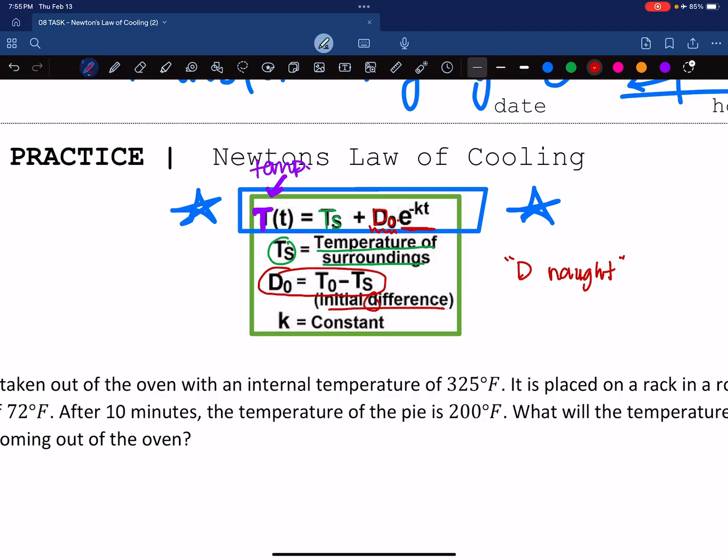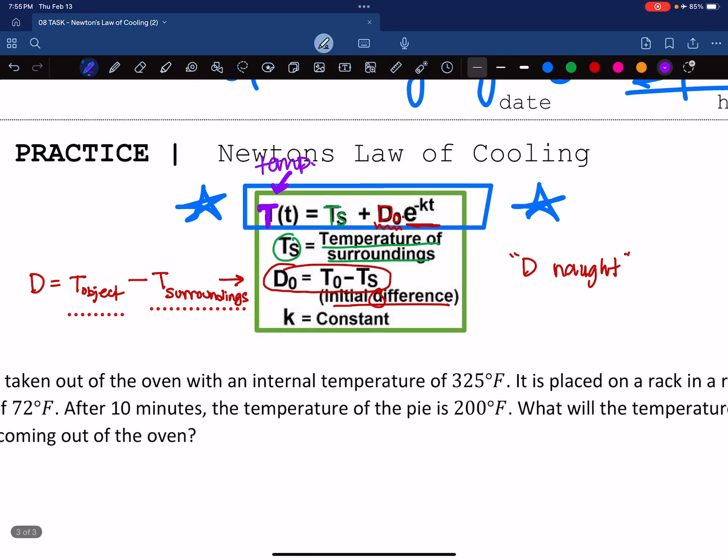We're going to take T sub 0 minus T sub S. This is saying the difference is the temperature of the object subtracted by the temperature of the surroundings. So maybe that clarifies a little bit those subscripts.